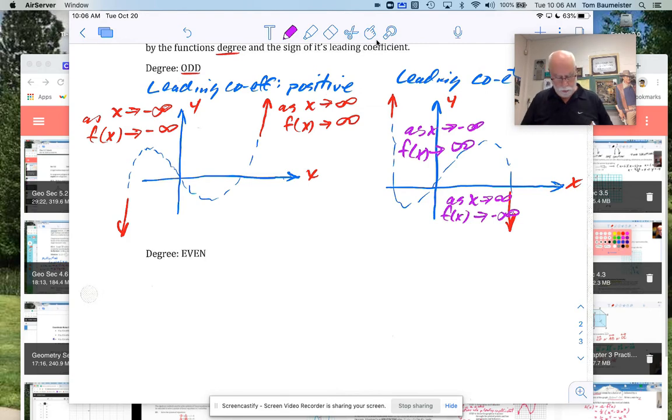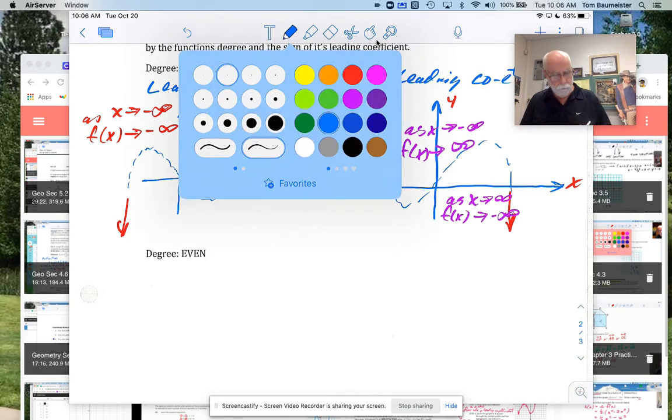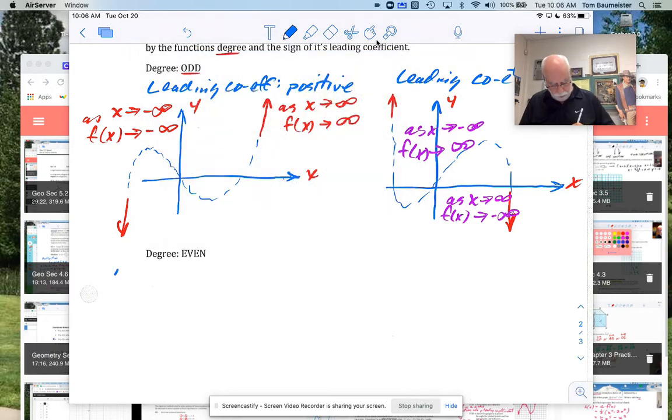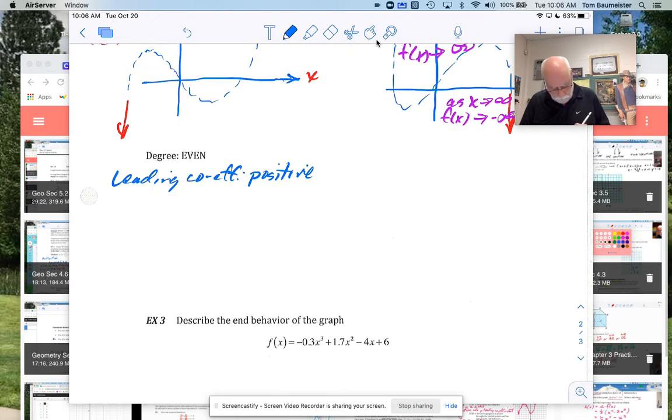All right, so when we're talking about even and our leading coefficient is positive. So on this one here, I had to make sure I had enough room here.